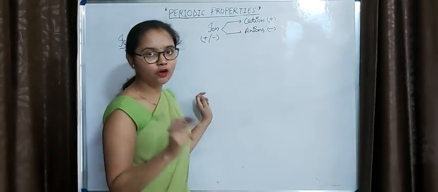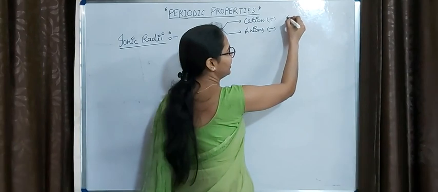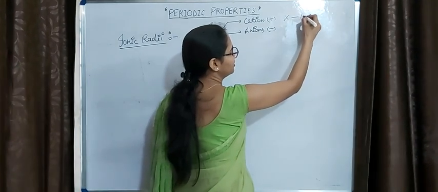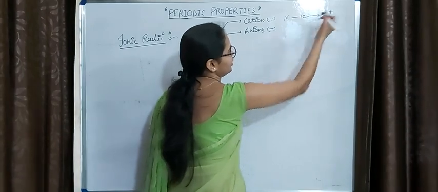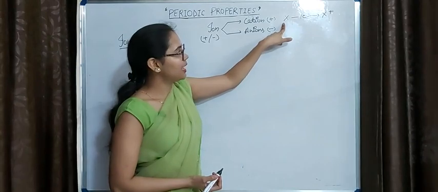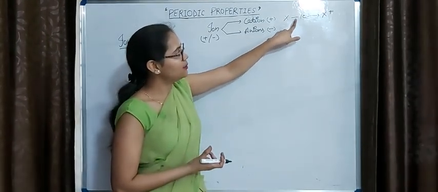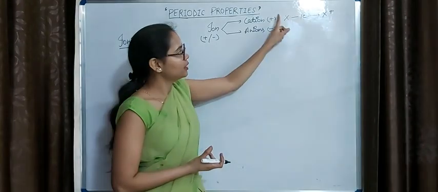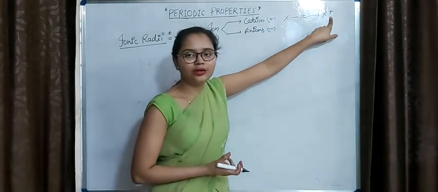Now we'll talk about the formation. So cation forms like this: when the atom loses one electron, then cation will form. Suppose X is a neutral species here, means it is an atom, and this atom is losing one electron, then after the removal of this electron, this atom will convert into a cation.